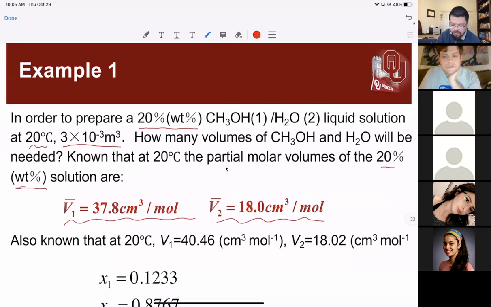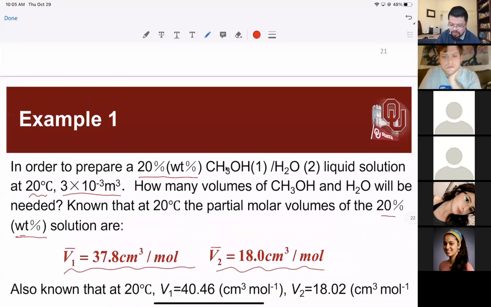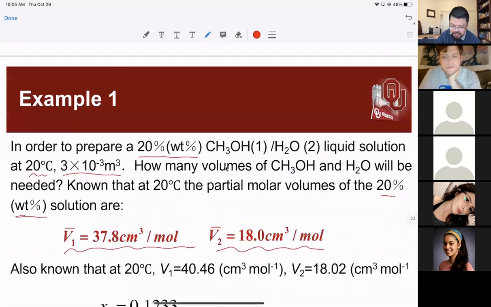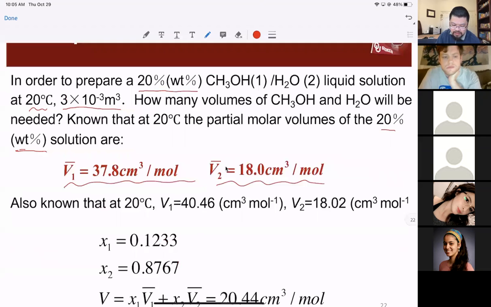And we have the following information, knowing that at this same temperature, the partial molar volume of the 20% solution would be this much: V1 partial, V2 partial. Oh, I should mention on previous slide. You can see that the problem statement emphasizes the partial molar volume of this mixture. So we have to mention the exact liquid mixture in order to figure out the partial molar volume.